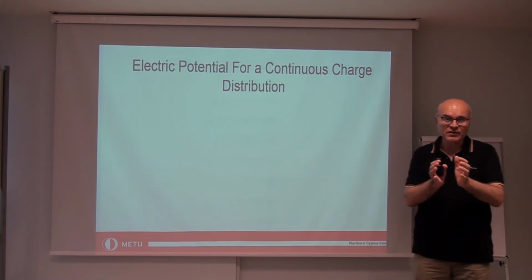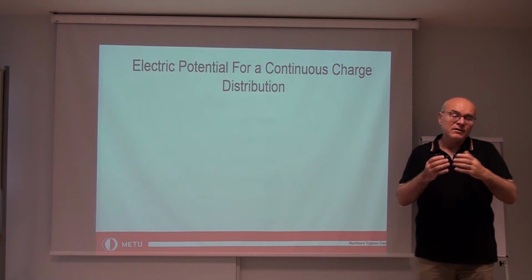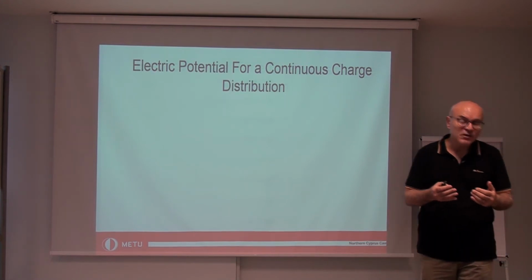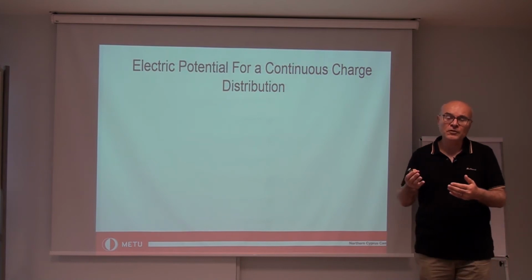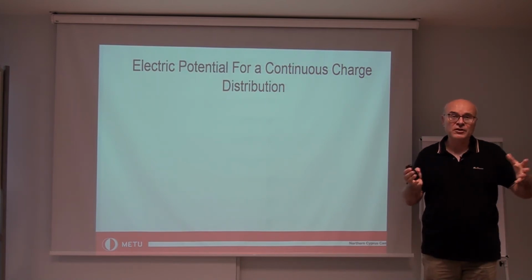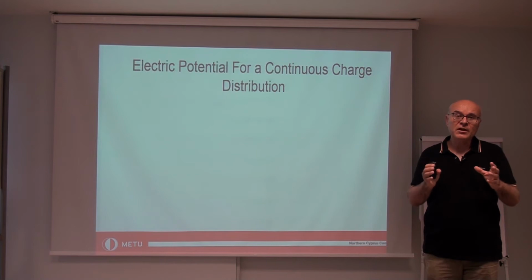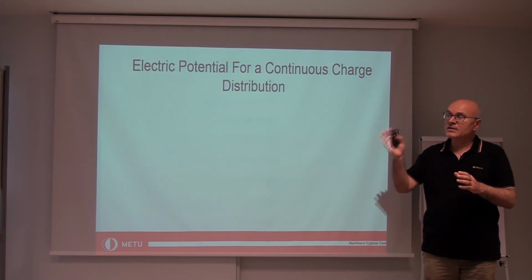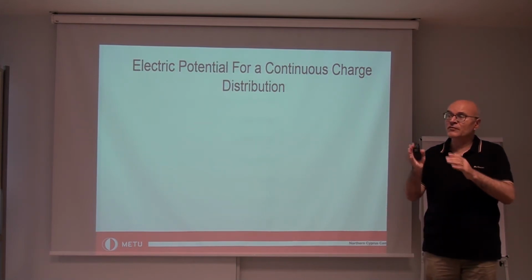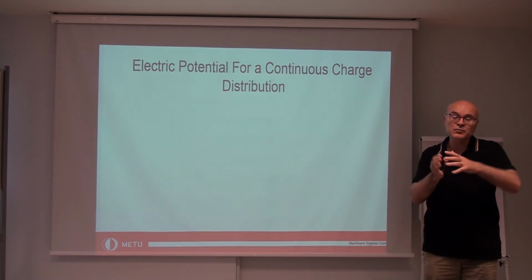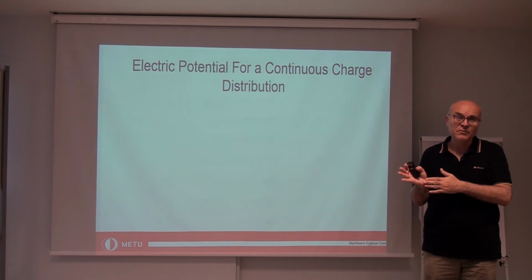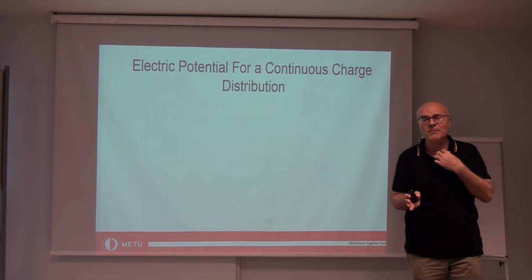Then by using linear superposition, we were able to find the potential due to 2 point charges, 3 point charges, or n point charges. If you have n point charges, then to find the potential at some point in space, you find the potential of each of them, and then you add them all together, and you get the potential due to this system of point charges at a given point in space. We have done examples about that.